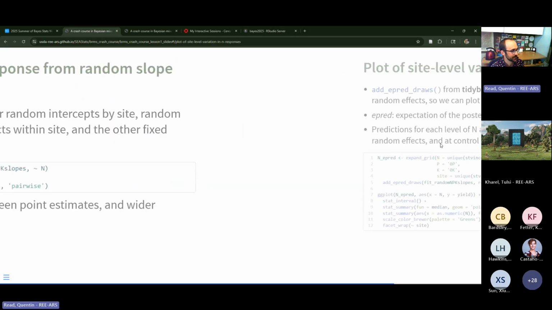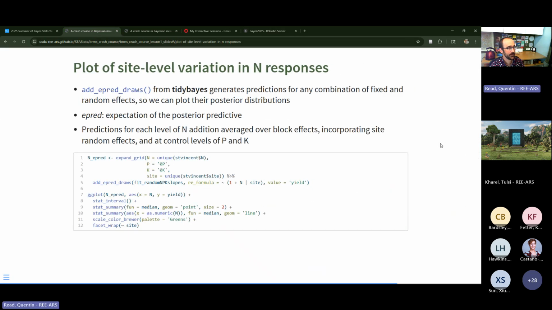Sorry, back to the slides here. I won't really go into the code that much, but I wanted to show you what it looks like when we generate predictions for any combination of fixed and random effects using this function, add_epred_draws, the expectation of the posterior predictive. So we're saying, what are the model predictions for any combination of fixed and random effects we want to include?